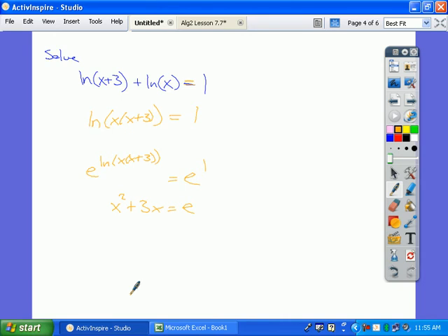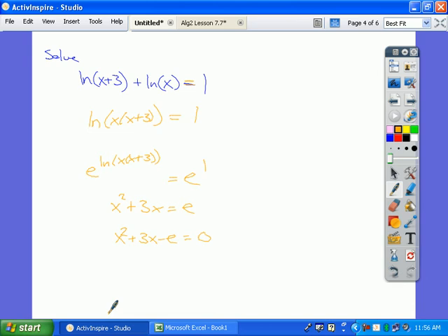This is a quadratic equation, but it has an e in it. Oh no, right? It's not a big deal. Set this equal to 0 like we would any quadratic equation. And now we have some approaches we could take. We could try to factor this. Anyone want to try to factor this? I don't. So let's go right to the quadratic formula here.